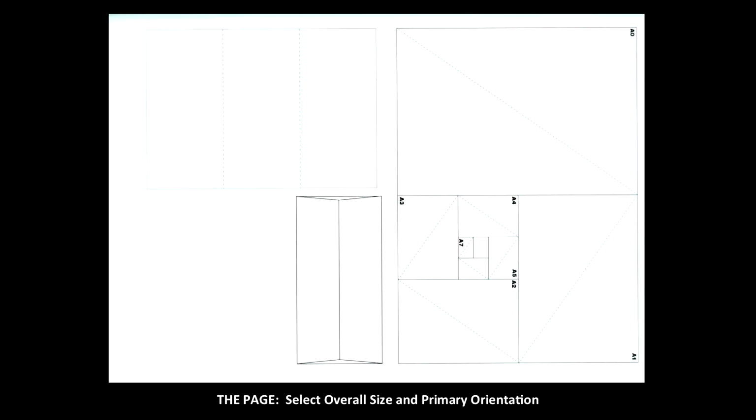The first thing that you want to consider is the size of the portfolio. The sizes of the overall pages are important. This is actually an image by Massimo Vignelli, probably one of the most important 20th century graphic designers of our time. This is an image reproduced from the Vignelli canon, where it displays the various sizes of the A series, which is a European series of papers.